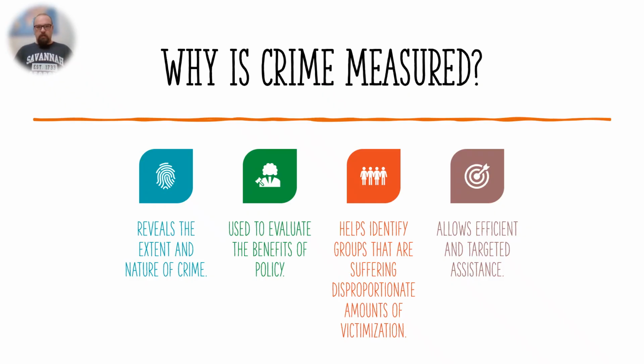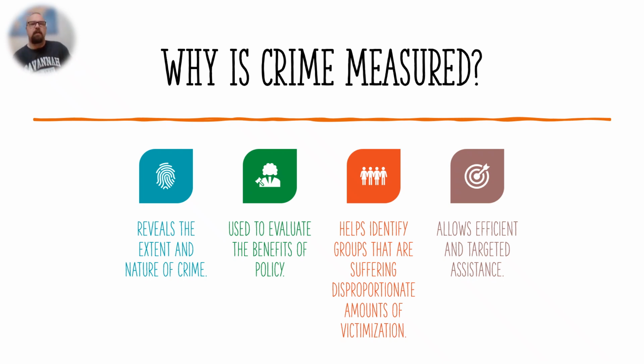So we're going to start out with a question. Why is crime measured? Why do we measure crime? Well, there are 4 major reasons why we measure crime. The first one is that measuring crime allows us to understand the extent and the nature of the criminal behavior itself.